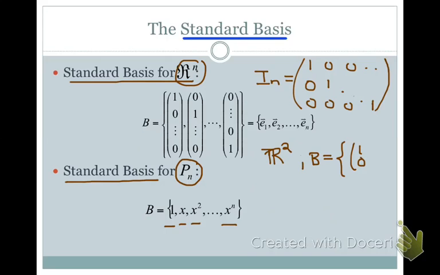So it contains the vectors (1, 0) and (0, 1). If we were thinking about P2, then the standard basis for P2 would be the set of vectors that make up any quadratic polynomial, which would include 1, x, and x squared.